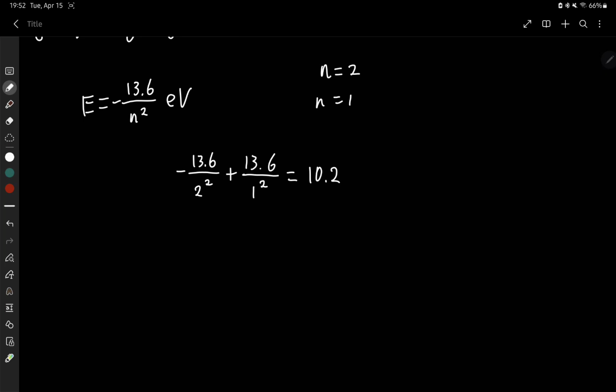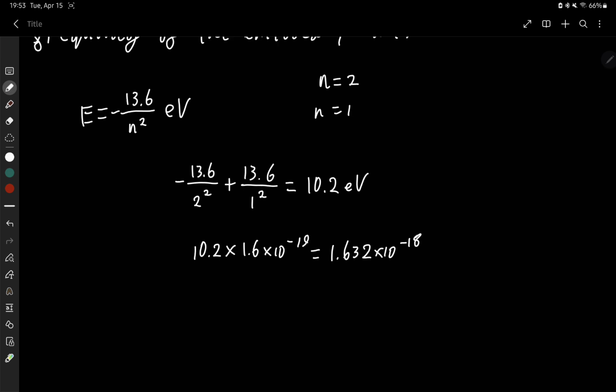Again, this is in electron volts, so we need to convert to joules. 10.2 times 1.6 times 10 to the negative 19 gets you 1.632 times 10 to the negative 18.